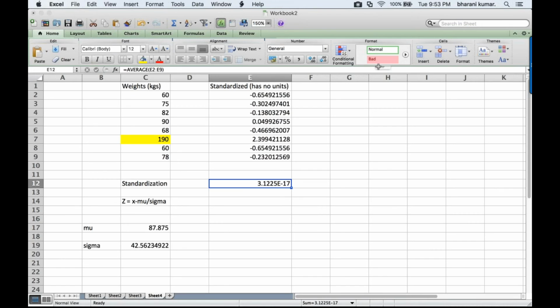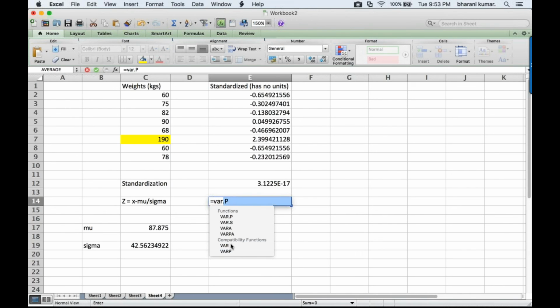If you find out the mean, it will be approximately 0. And the standard deviation will be approximately equal to 1.